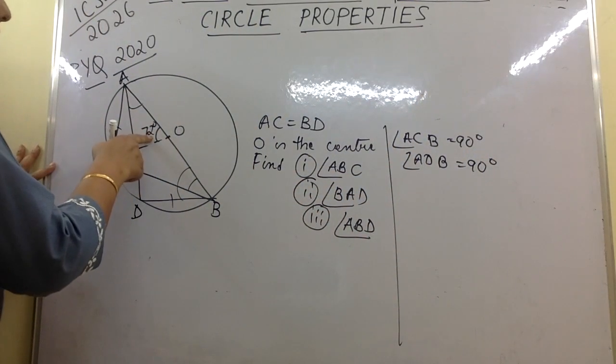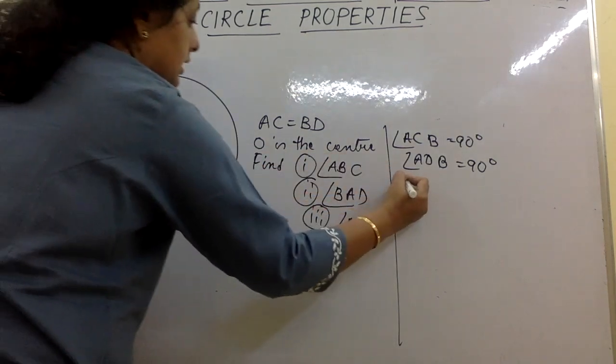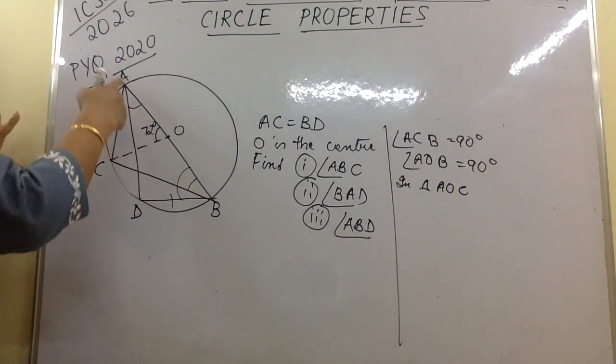Now, if this angle is 72, then in triangle AOC, you can say OC and OA are equal.